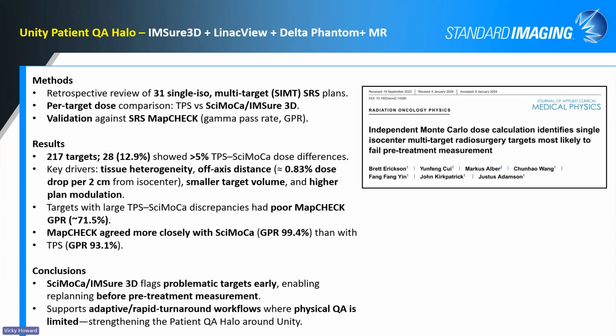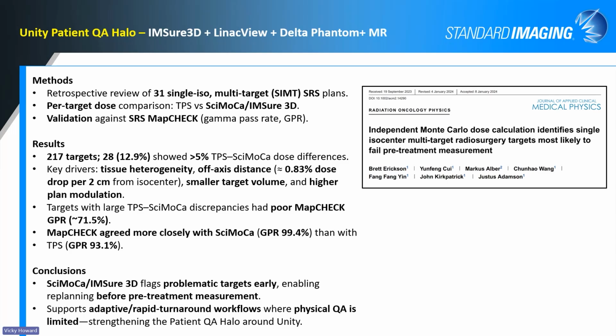So they looked at a total of 217 targets. And of these, 28% showed a greater than 5% difference between the treatment planning system and SIMOCA. The key drivers for those differences they found were tissue heterogeneity, off-axis distance, smaller target volumes, and higher plan modulation.